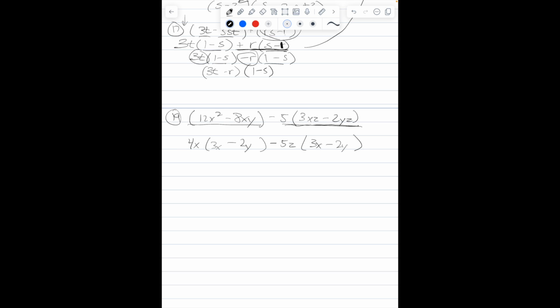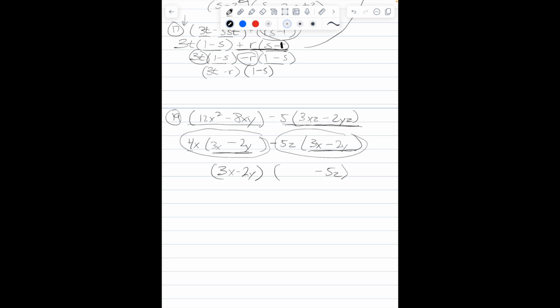So now we can see we have, lo and behold, the people who write your book are very kind to you. They leave you with these binomials the same. That's great. That means I can factor it. It is a factor of this, is a factor of this. And so now 3x minus 2y, just one of them, because I divided 5z times 3x minus 2y by 3x minus 2y, leaving me with a negative 5z.